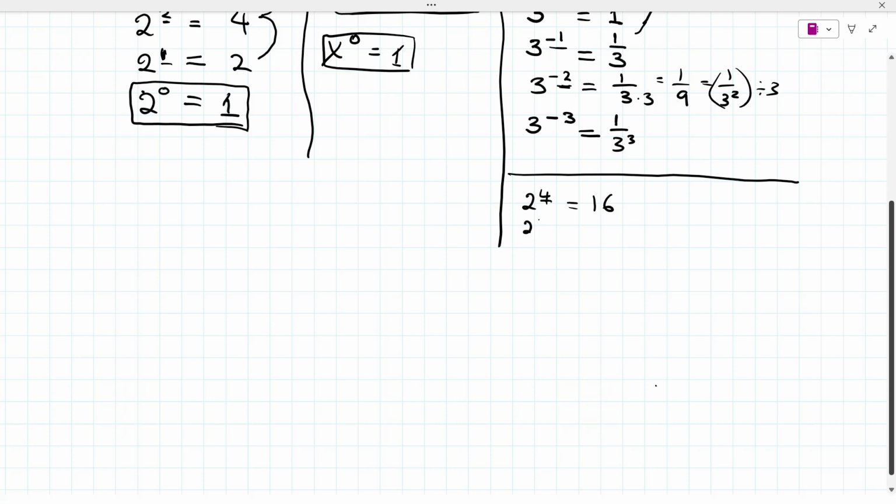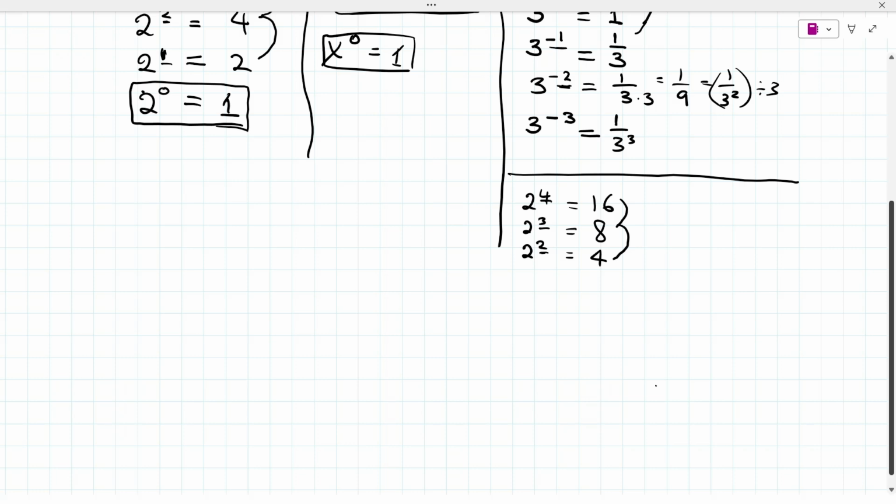This would be 2 to the power 3, which would be 2 times 2 times 2, which is 8. If we reduce the power by 1 again, it will be 2 to the power 2, which is 2 times 2, which is 4. And you can see the pattern here. We are dividing by 2, dividing by 2.